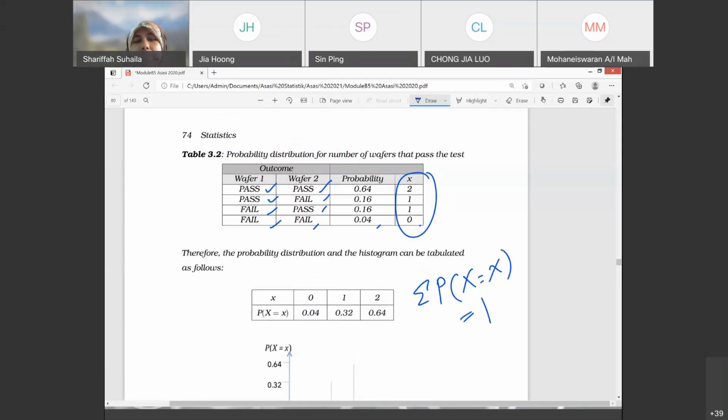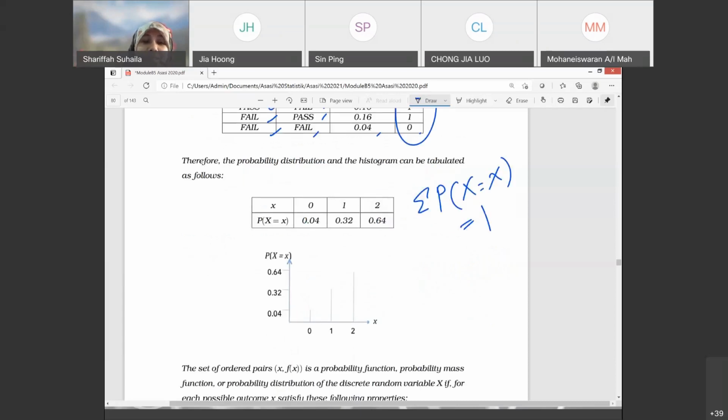So that means this satisfies as a discrete probability distribution. If you want to sketch it, this is your probability, and these are the values for x: x equals 0, 0.04; x equals 1, 0.32; and x equals 2, 0.64.